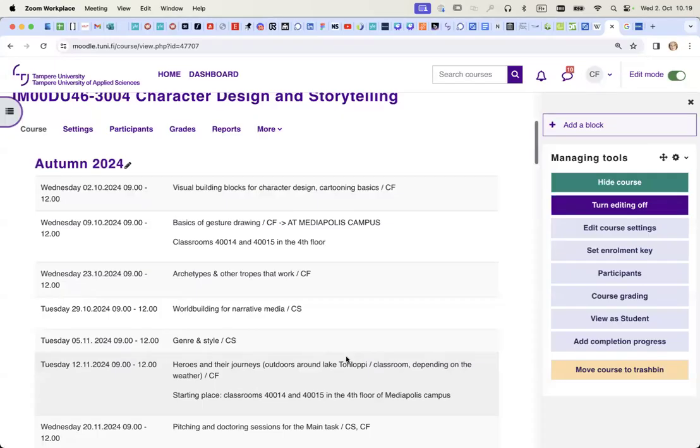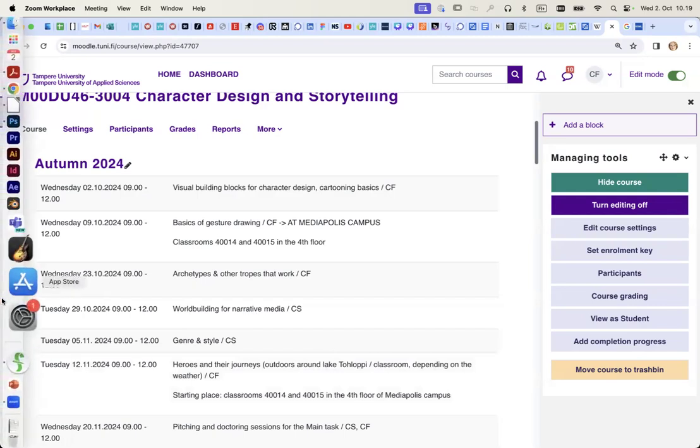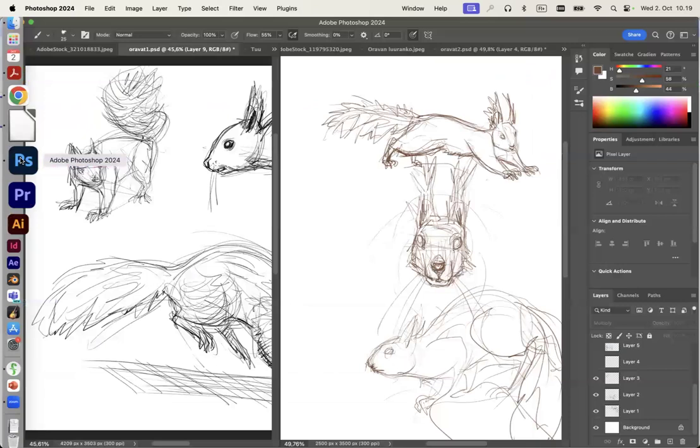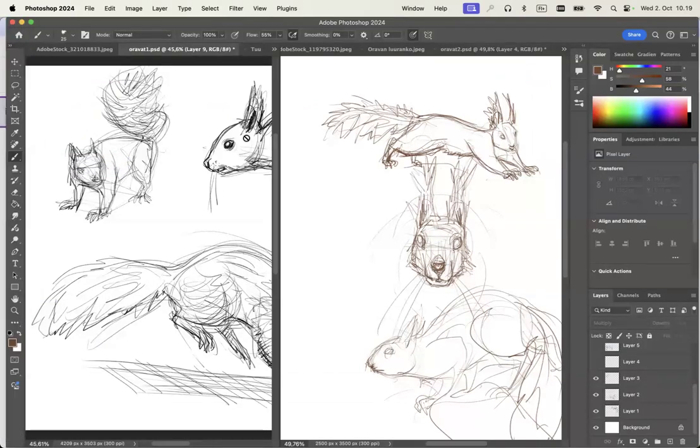And let's open up Photoshop, which is open already. So I'll create a new file, and we'll go see these squirrels a little bit later.